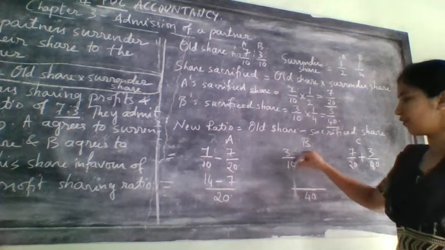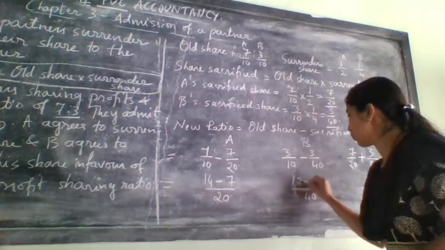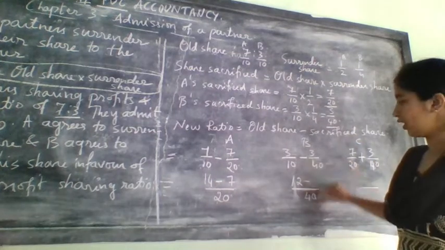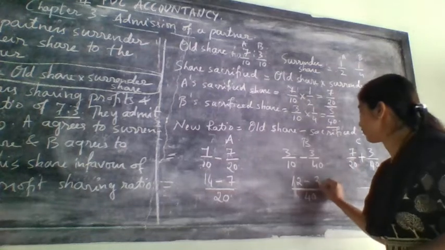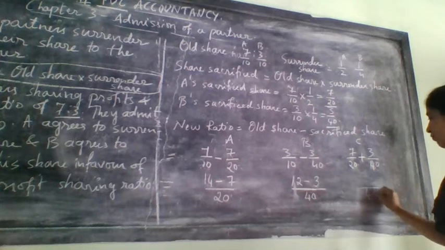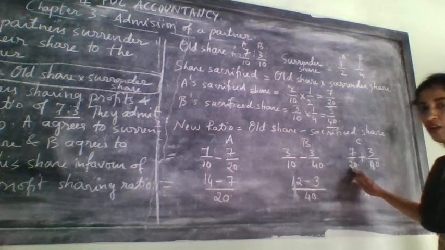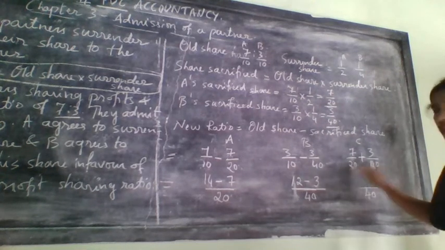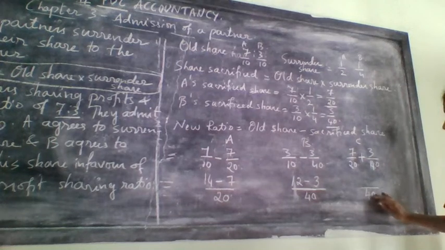Now 40 divided by 10 you get 4. 4 threes are 12. Next, 40 divided by 40 is 1. 1 three is 3. Next, which is the highest one? 40. Again 40 is divisible by 20: 20 ones are 20, 20 twos are 40. That's why I have taken 40 as the denominator here.